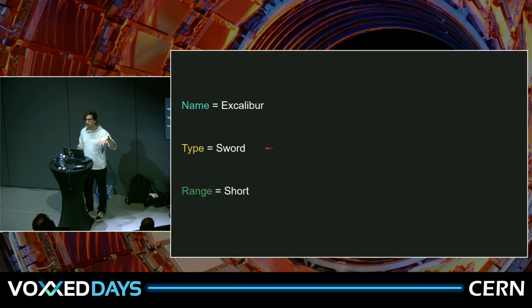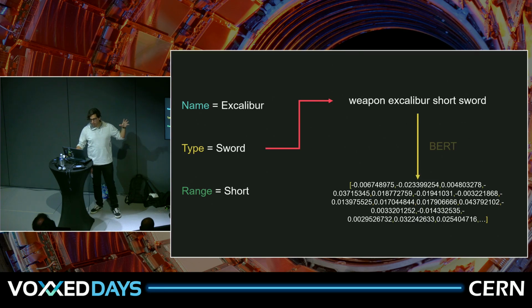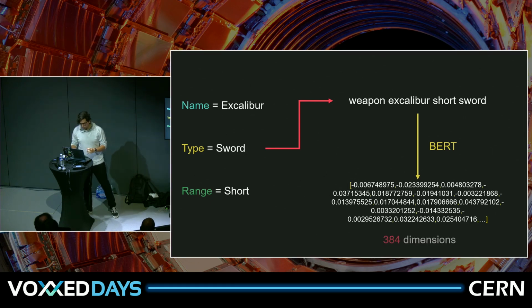Once we vectorize that, the embedding module will grab all the properties and create one string out of it, lowercase: weapon, Excalibur, short, sword. You can even choose if you want to vectorize the property names. Then it would be weapon, name, Excalibur, type, range, short, type, sword. And then we get a vectorization out of that, which is 384 dimensions.